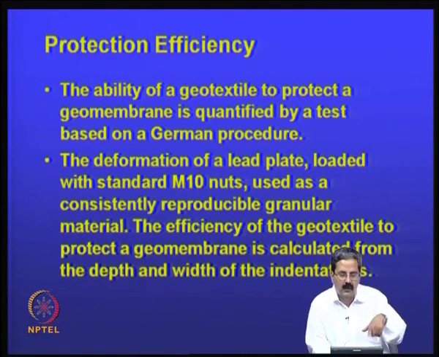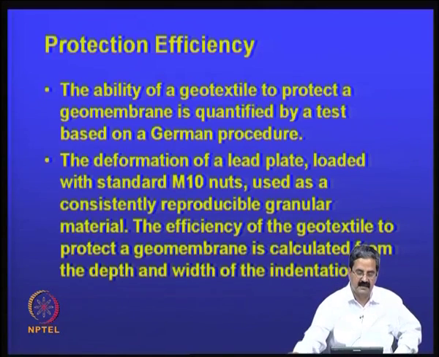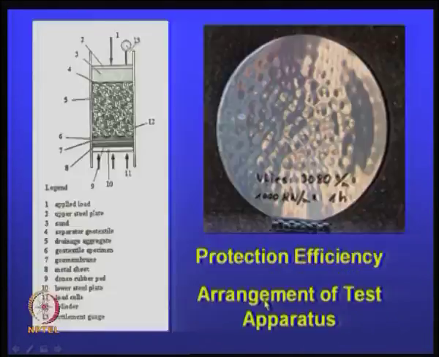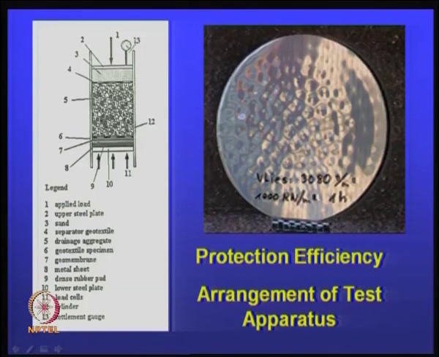So, people have what is called a protection layer. You put a protection layer, and it is a simple experiment that they do, I will show you that. See, this is a type of test they developed. So, 7 is a geomembrane, then you have a geotextile.